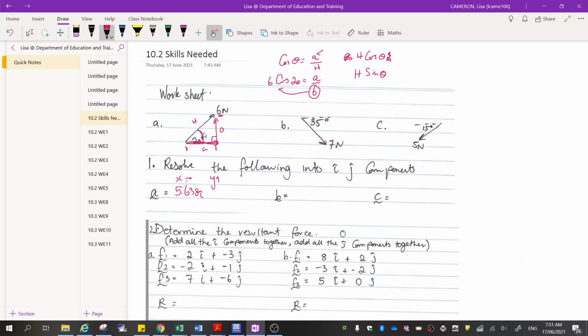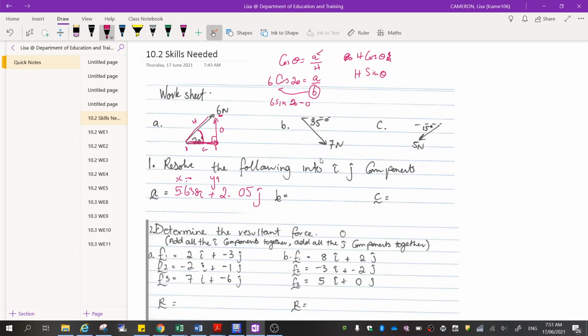You don't always get the angle parallel to the x-axis, so you just need to be wary of that. Okay, so now plus the next one I'm going to do is going to be 6 sine 20, and that's going to give me the opposite. So plus 2.05j.